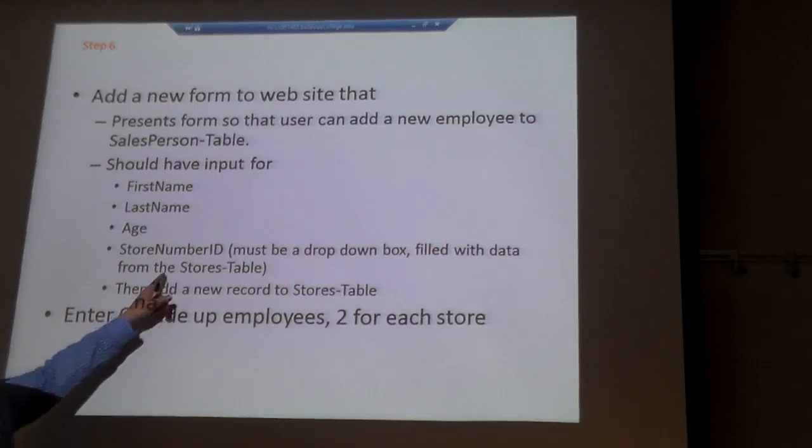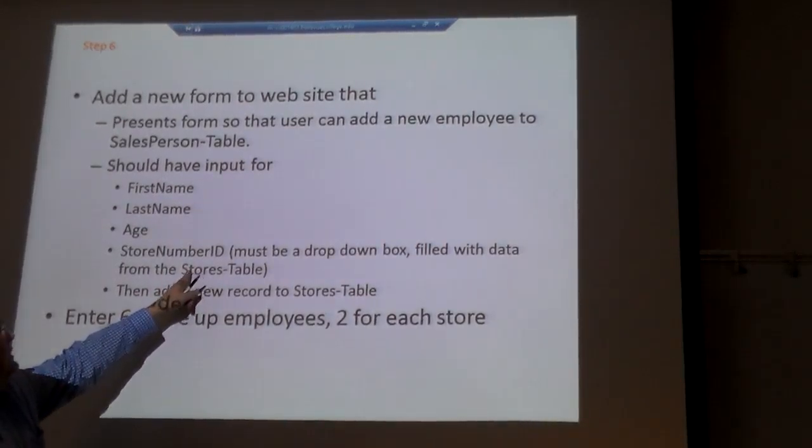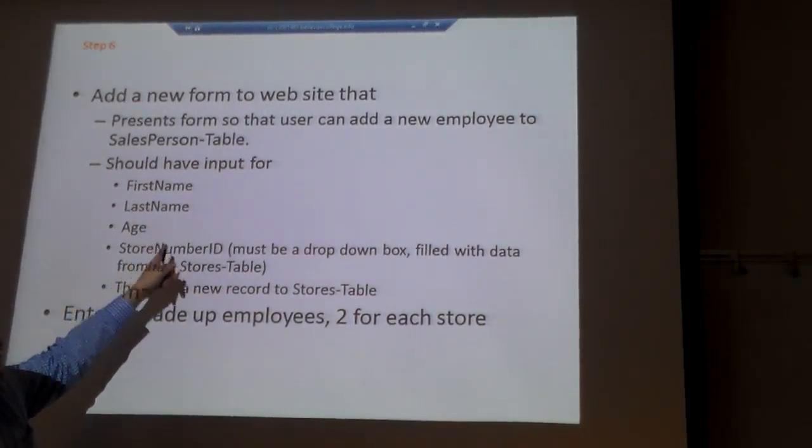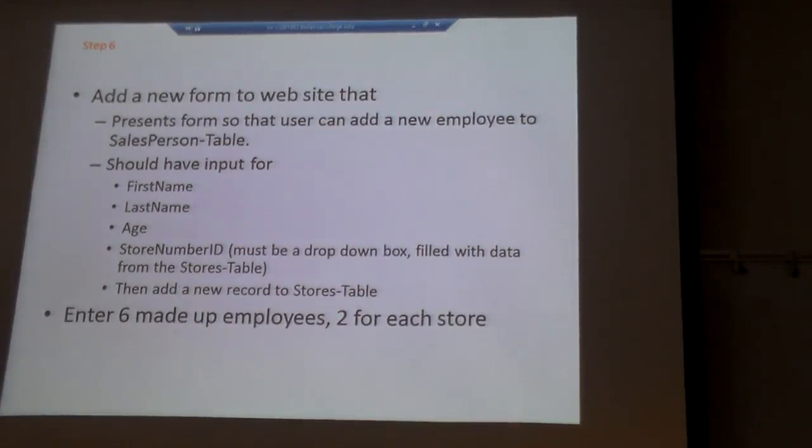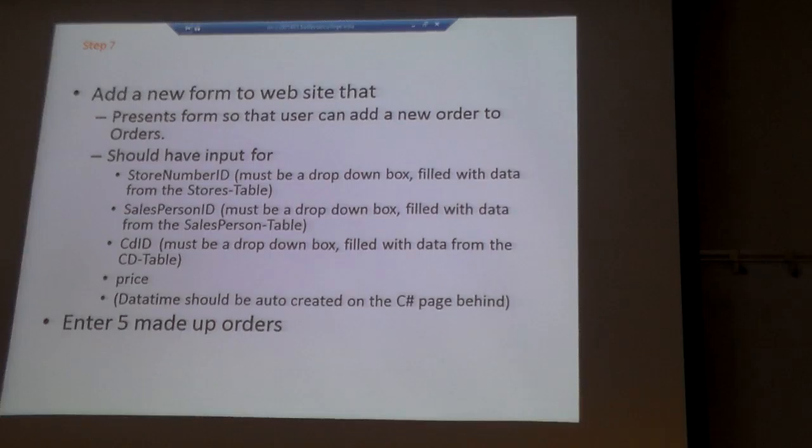And this should be a drop-down list so that you can't make up a name. The only name you can enter has to be somebody that really is a salesperson. And then, now that you have all those tables defined, you could enter an order, and the order will be checked to make sure that there really is a CD, there really is a salesperson, there really is a store.